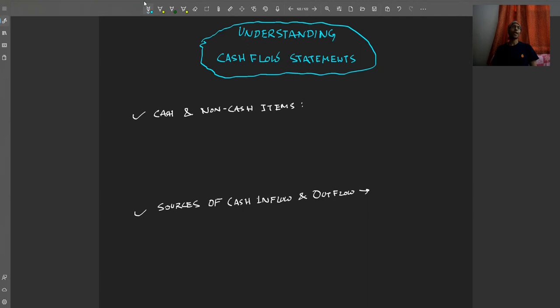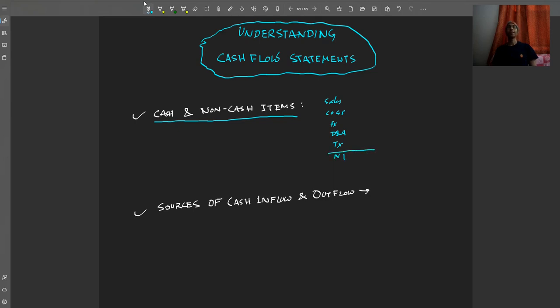Cash and non-cash items. So friends, in a profit and loss statement, for example, there are certain items like sales, then there is cost of goods sold, then there is financial expenses, then there is depreciation and amortization, and then there is taxes, then there is net income, right?